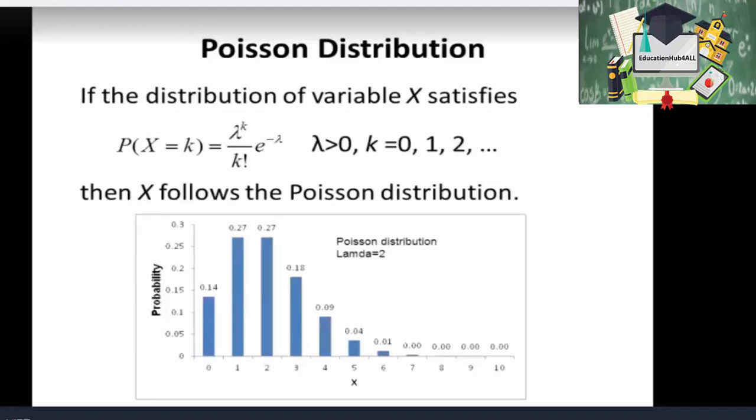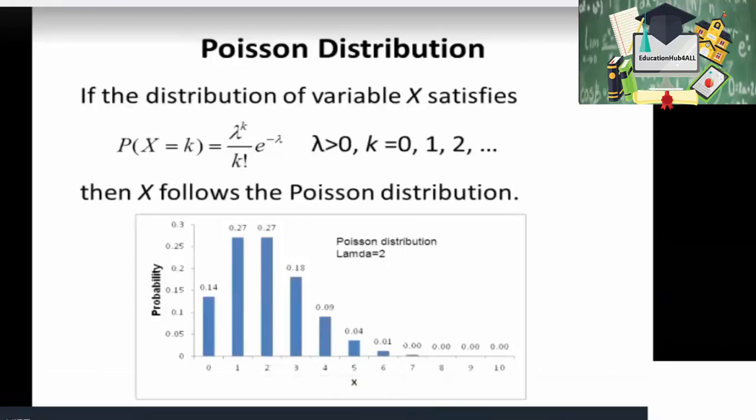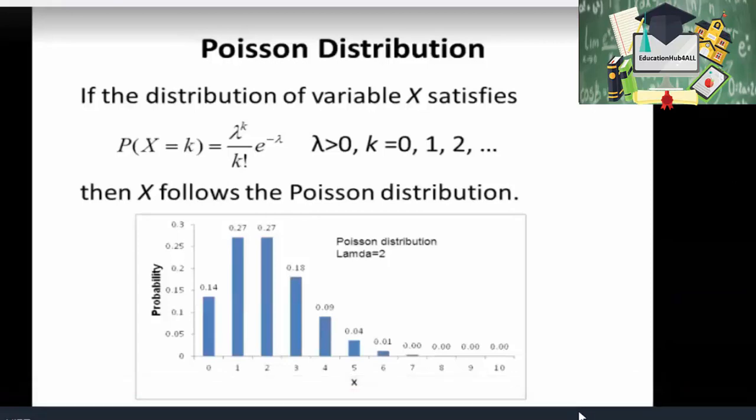The probability is almost 0. Well, there are many variables. The value of the random variable is 9. The probability is very low.